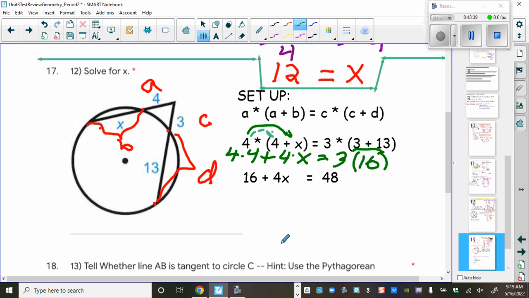So what do we get for x? X is 8. So we have 4x is 32.